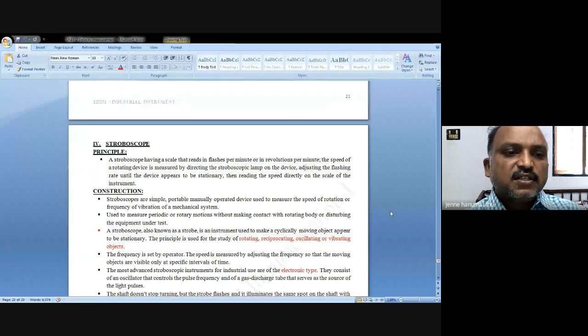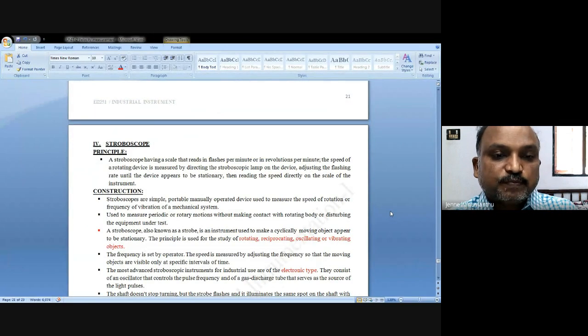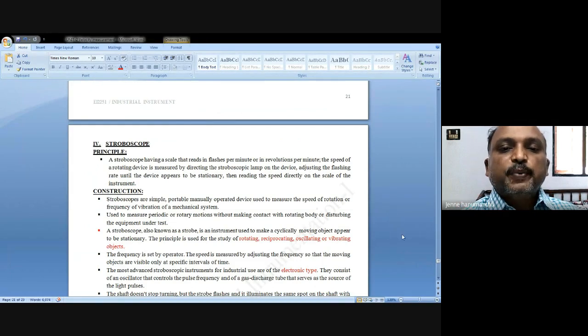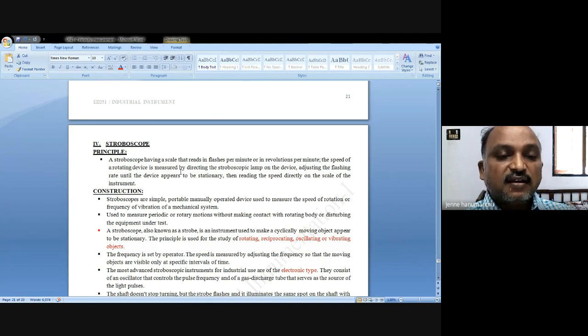So what is a stroboscope? A stroboscope is nothing but one type of device having a scale that reads in flashes per minute or in revolutions per minute.